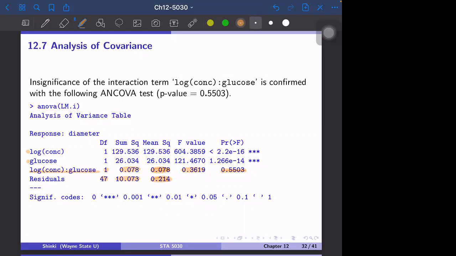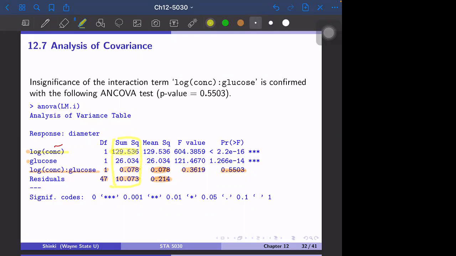Basically this measures how much of the total variation is explained by each variable. Originally we have the variation in y, and if we introduce one variable, we can reduce the error size. We compare the total variation of y and the residual of the regression model, diameter on log of concentration. The total sum of squares is the summation of all of these numbers.